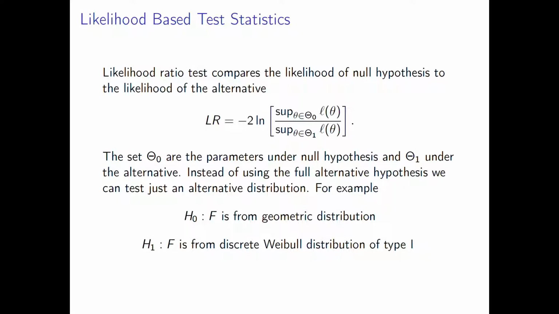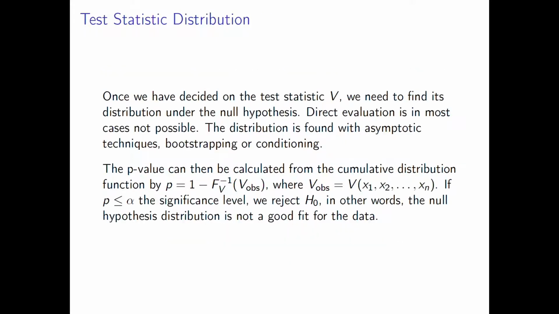Like if we wanted to test if the data comes from the geometric distribution, we could test the alternative as being the type 1 discrete Weibull distribution. So it's not saying that f doesn't belong to P, but it's saying that f belongs to some other family.